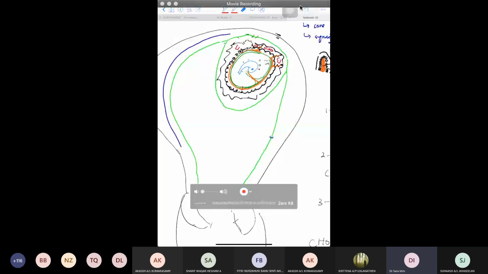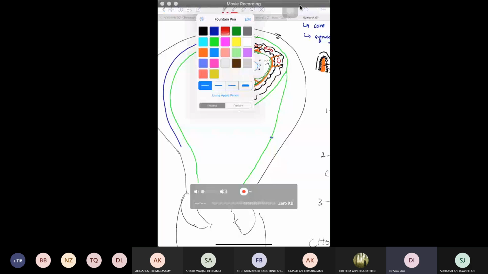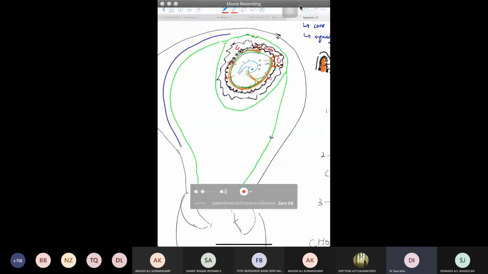Okay, so now that you have the fetus and the amniotic cavity that will grow bigger and bigger, it will push outwards. Okay, it will push outwards until eventually it will grow to occupy the whole of the uterine cavity. Now, as the fetus and the amniotic sac grow bigger and bigger, we will actually degenerate the decidua capsularis.